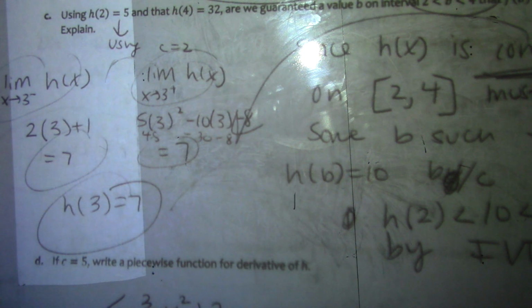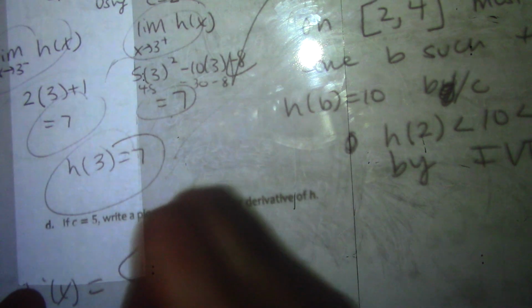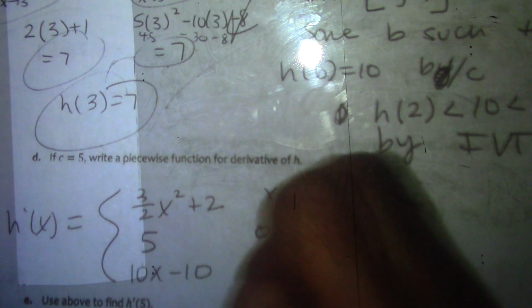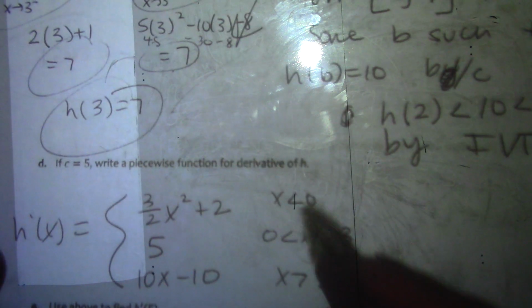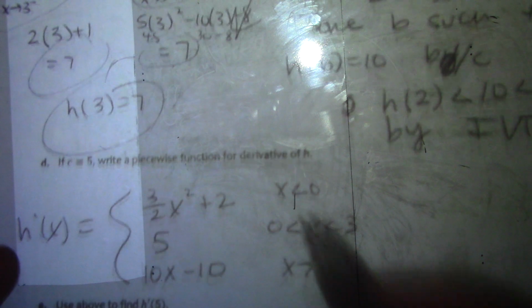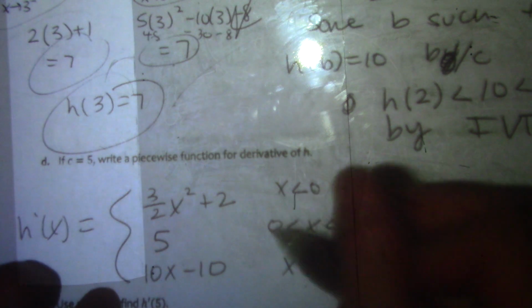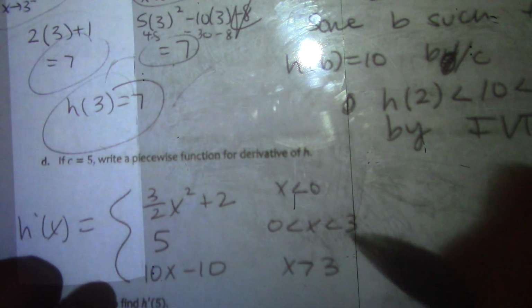And here the derivative would be 10x minus 10. This is for x less than 0, x between 0 and 3, x greater than 3. Notice I'm not putting the or equal to signs here because I actually don't know if their derivatives match up, so it's not necessarily or equal to. It's very possible that the derivatives don't exist at 0 and at 3 if they're not equal on either side.